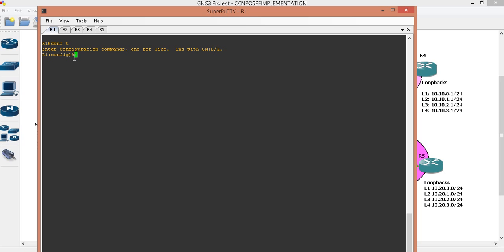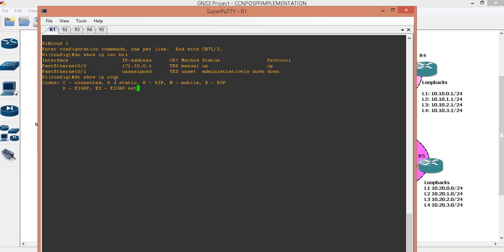I'm going to global configuration mode by typing configure terminal, short for conf t. Let me check show ip interface brief to see if the interfaces have been configured already. Okay, FastEthernet 0/0 has been configured.